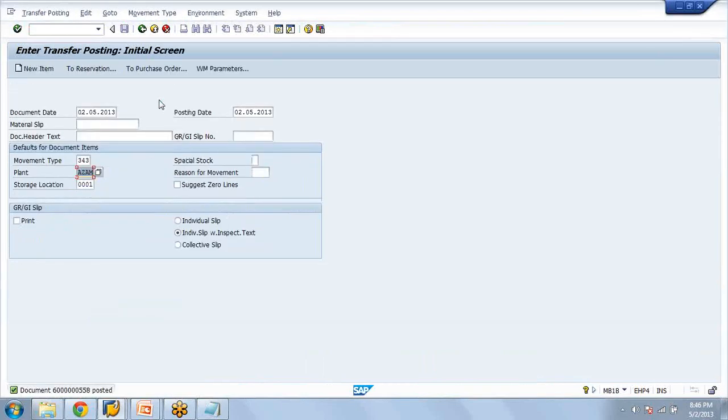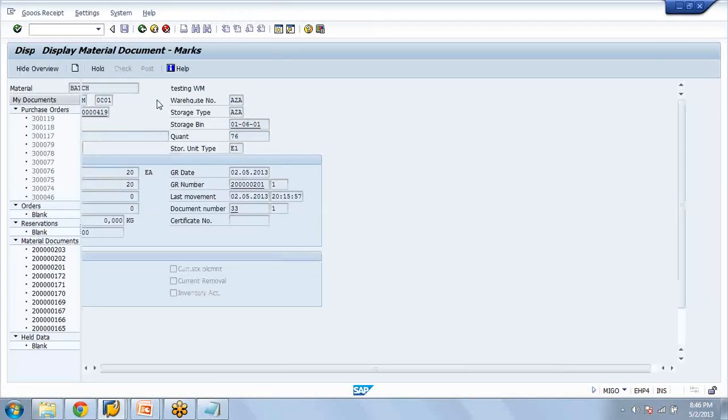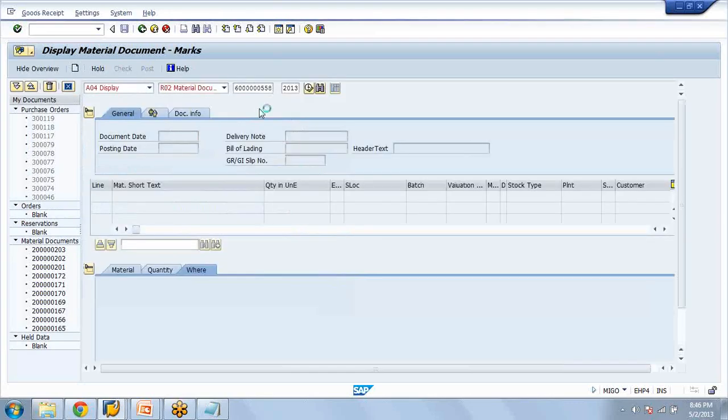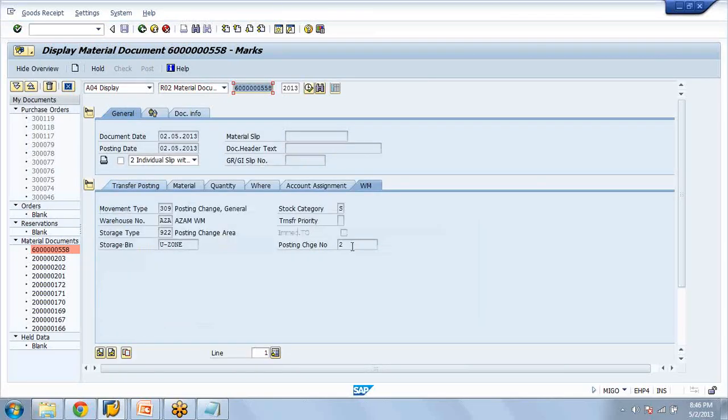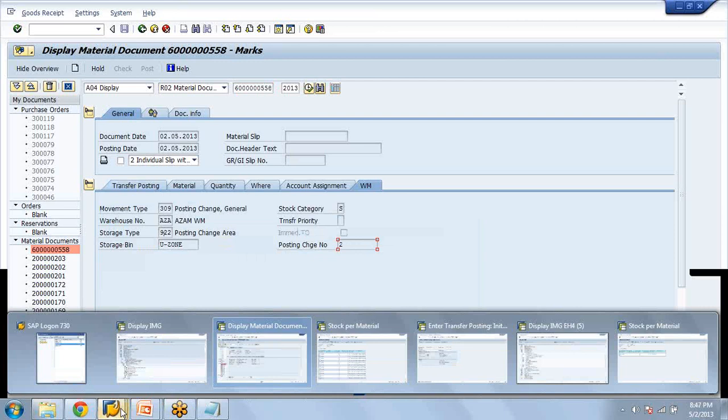See here, a TR has not been created, but a posting change notice 2 has been created, right? Can you see here? If you see this LS24 software material.